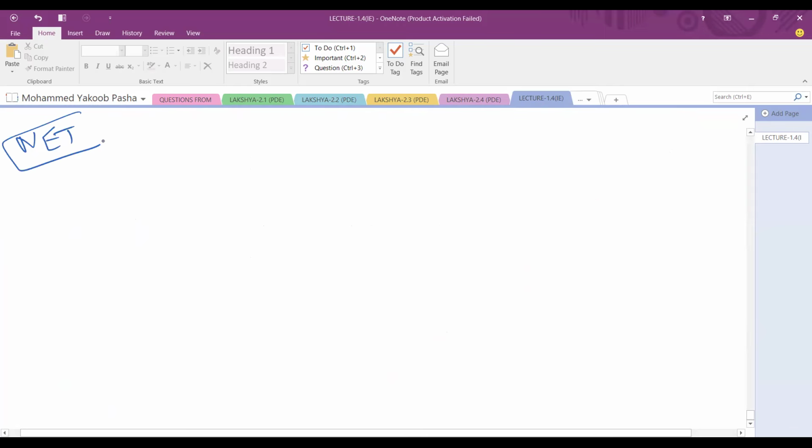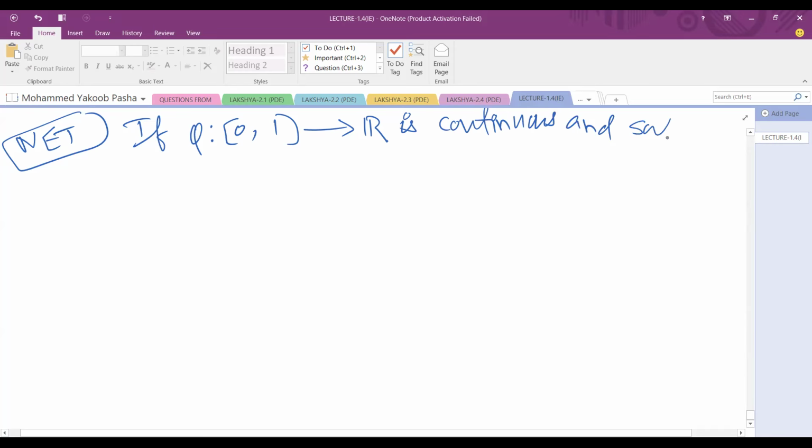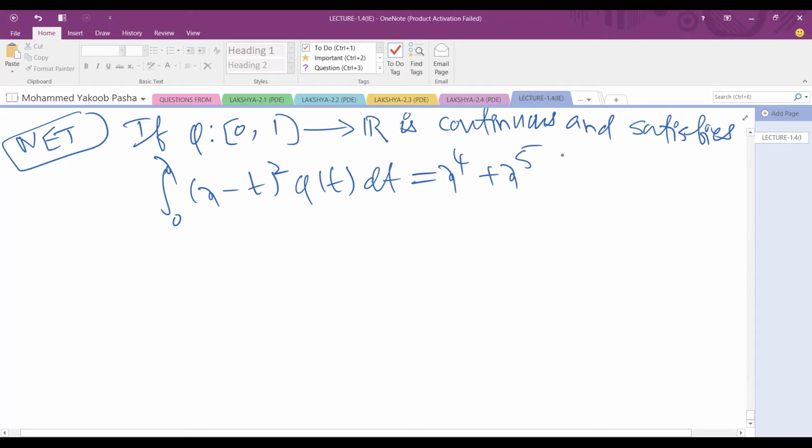I'm taking one more problem from CSIR NET. If phi is a function from the closed interval 0, 1 to R, the set of real numbers, is continuous and satisfies the integral from 0 to x of minus t whole square into phi of t dt is equal to x power 4 plus x power 5, then phi of 1 is equal to, we have options here.